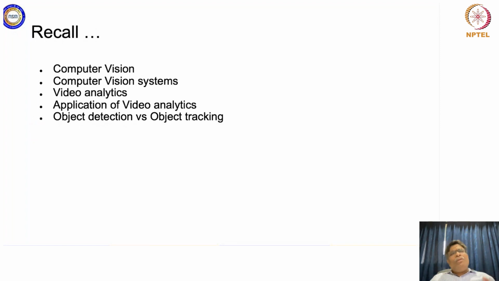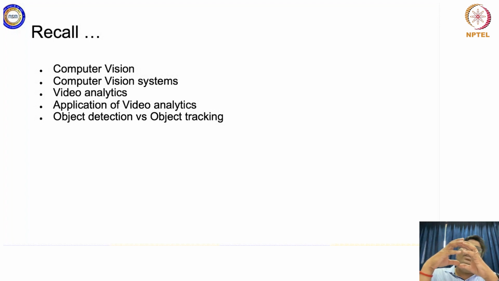Now, if you recall, in the previous session we started with what computer vision is and what computer vision systems are, and we showed you some examples of video analytics. We also understood the difference between what object detection does as against what object tracking is.